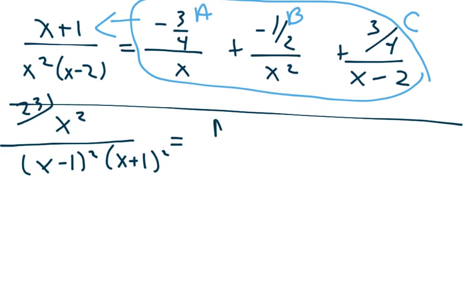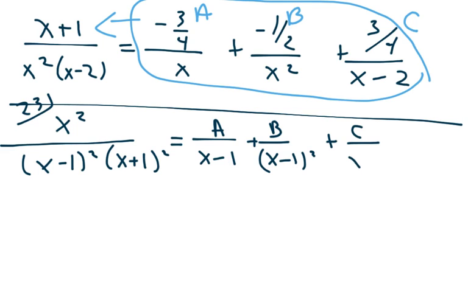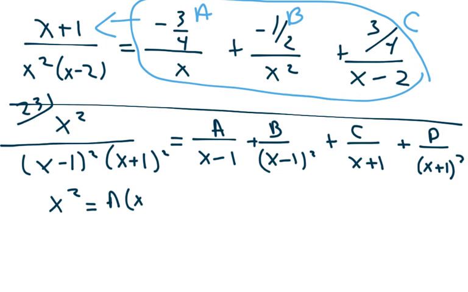So I have to put the A over the linear term plus the B over the repeated linear term. Then I have to have a C over the second linear term, and a D over the repeated linear term. Okay? When you clear the fractions, you're going to get x squared equals A times x minus 1 times x plus 1 squared.